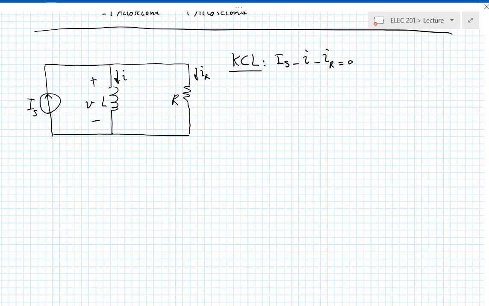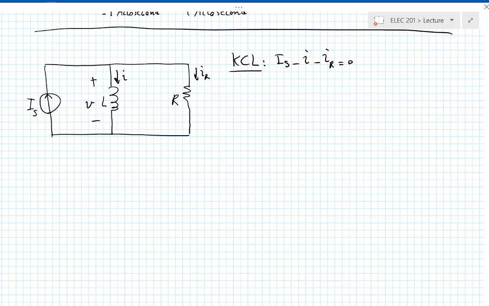Let's look at the circuit. The moment that transition happens, in this branch, the current IS is just going from 0 to I naught, an abrupt jump. Based on the KCL at that node, that change in the current now has to be distributed over the inductor and the resistor, right?